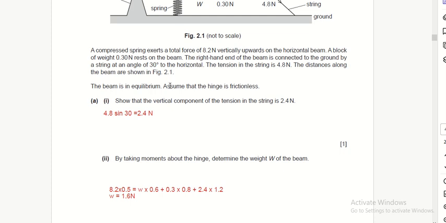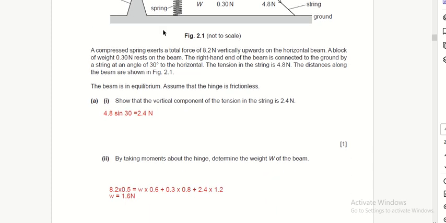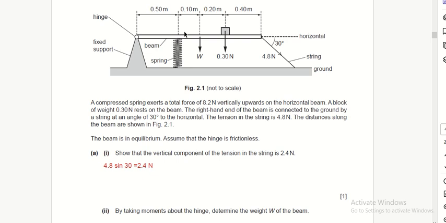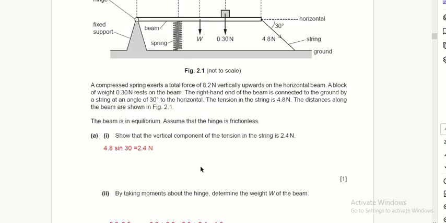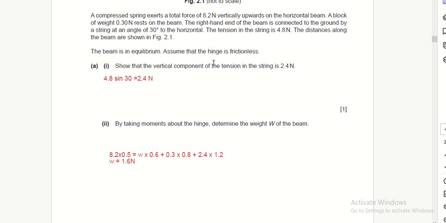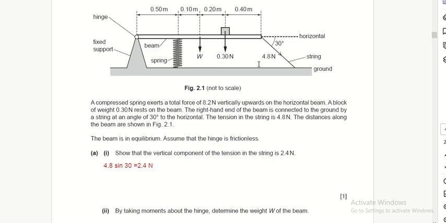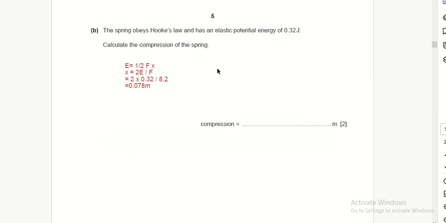So 8.2, and here is the perpendicular distance 0.5. Weight has this perpendicular distance, so it's 0.5 plus 0.1, 0.6, 0.3, and here is the sum, and 4.2, the vertical one, with all of the sum of these distances, we can get the weight.